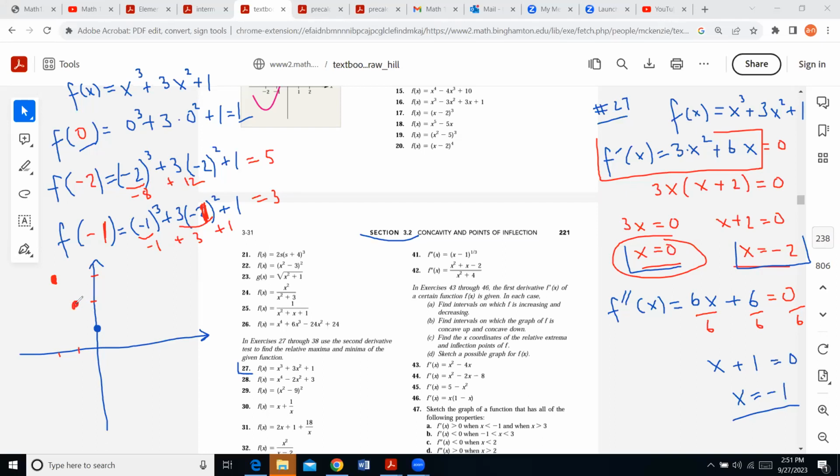So I've got 3 points that we need to utilize to graph our cubic function, the function that has x cubed in it. And what I have to know is that one end of this function is pointing up and the other end is pointing down.